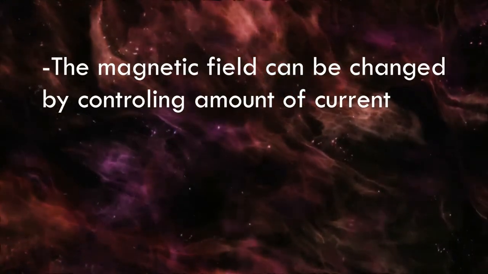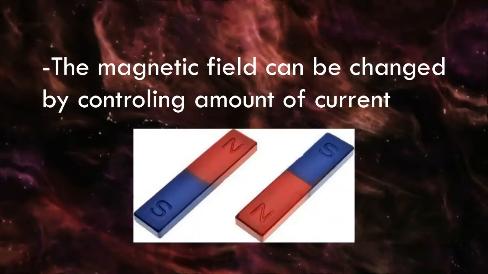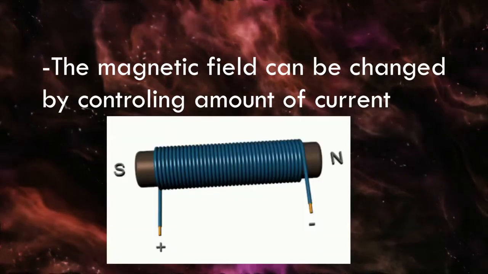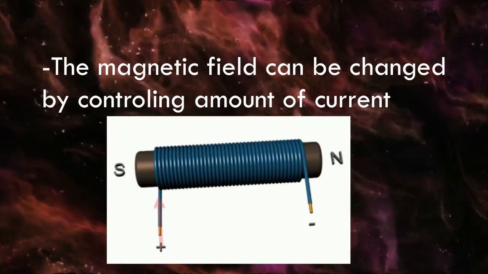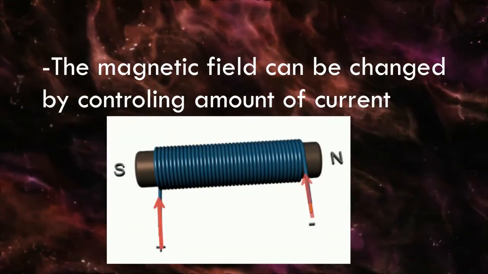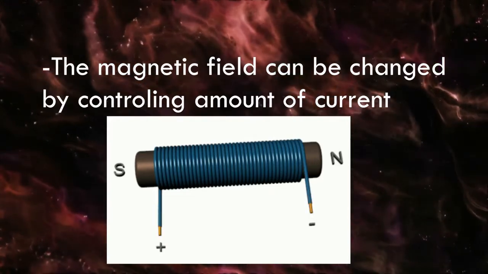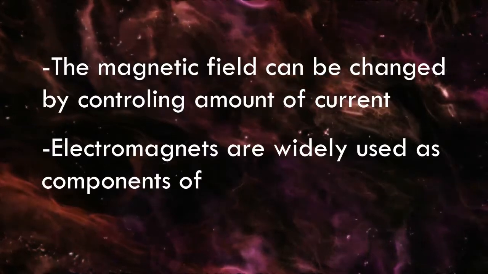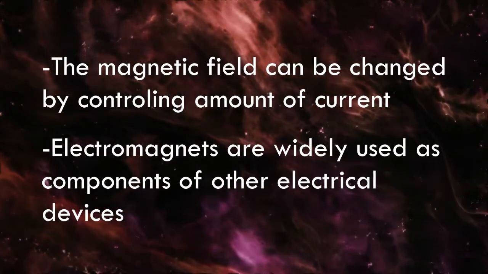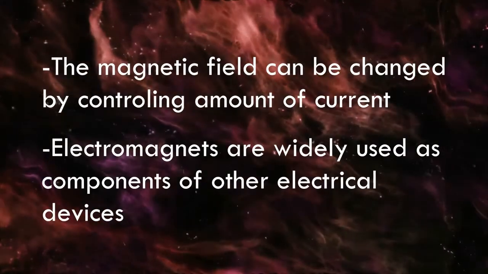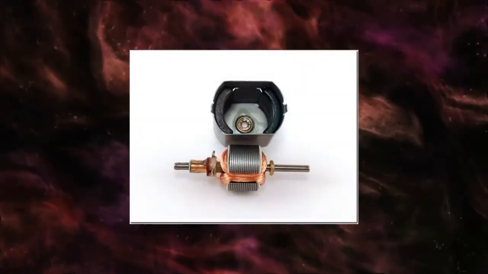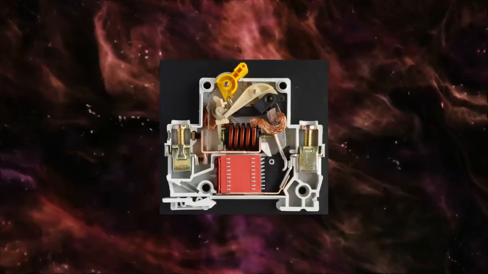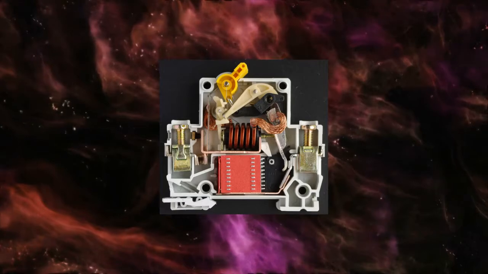However, unlike a permanent magnet, an electromagnet requires a continuous supply of current to maintain the magnetic field. Electromagnets are widely used as components of other electrical devices, such as motors, generators, electromechanical solenoids, and relays.